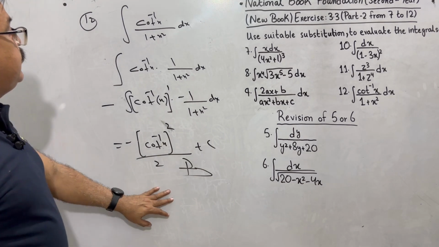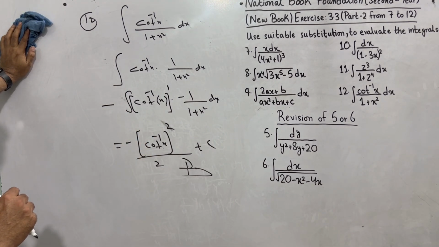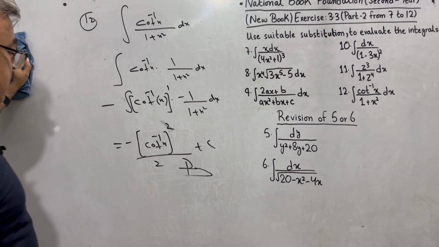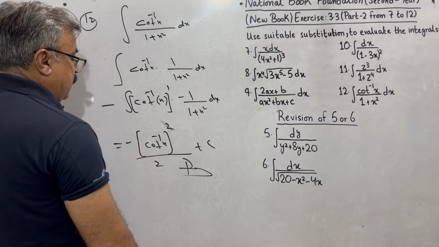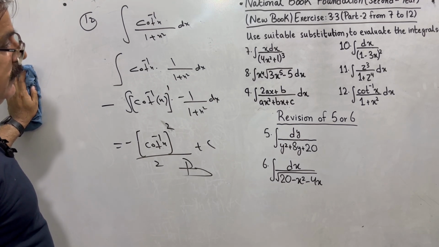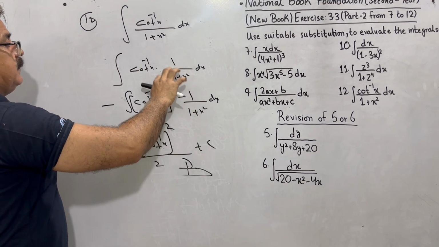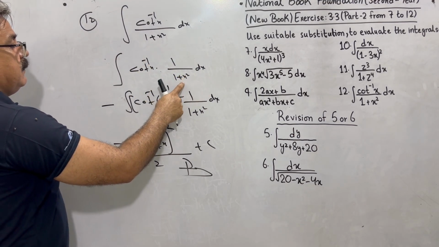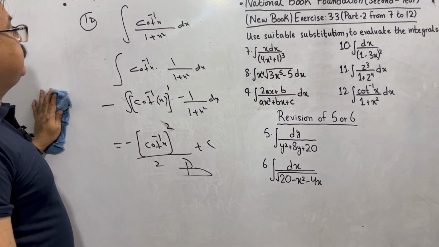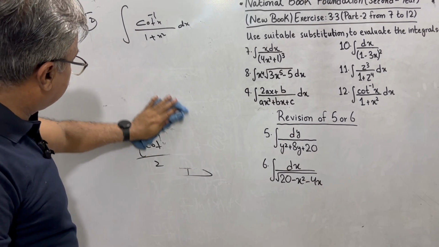Dividing with the same. It's our answer. Cot inverse x overall 1 plus x square, its integration is given by negative cot square, cot inverse x overall square divided by 2. Dividing by 2, you can take the trouble. Suppose this is the function and you find the value of this one. It will become y, it will become negative dy, and so on. You can attempt. Okay, let me solve this one for you as well.